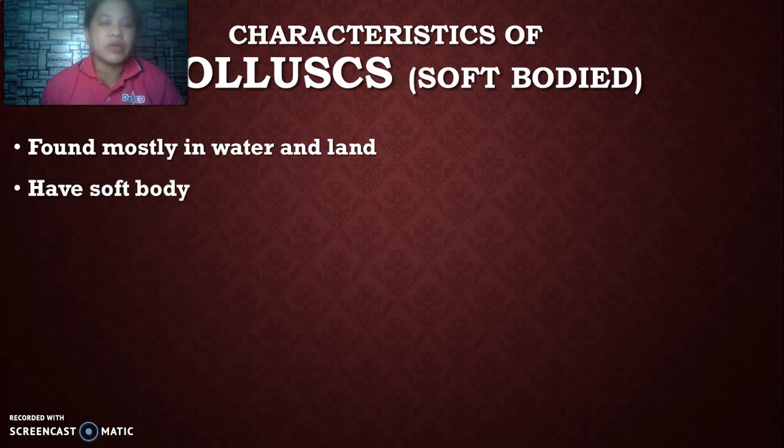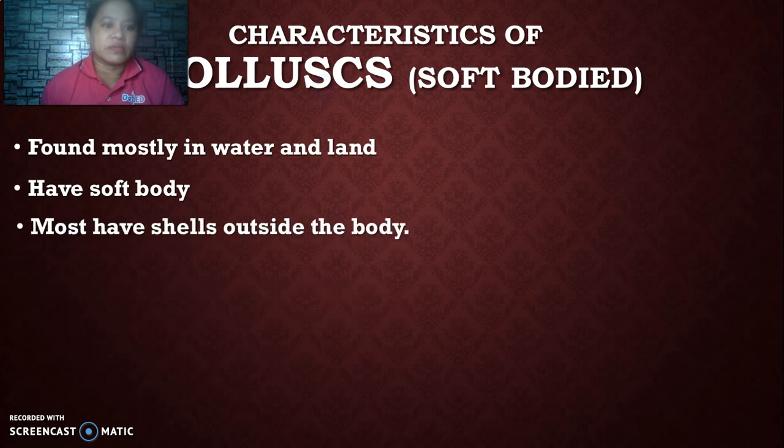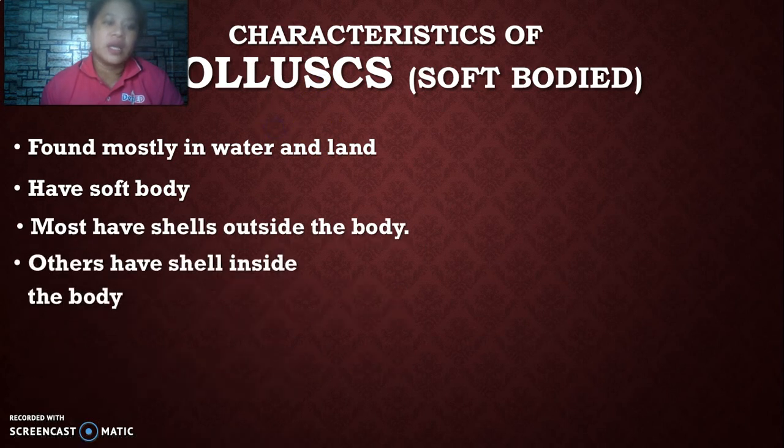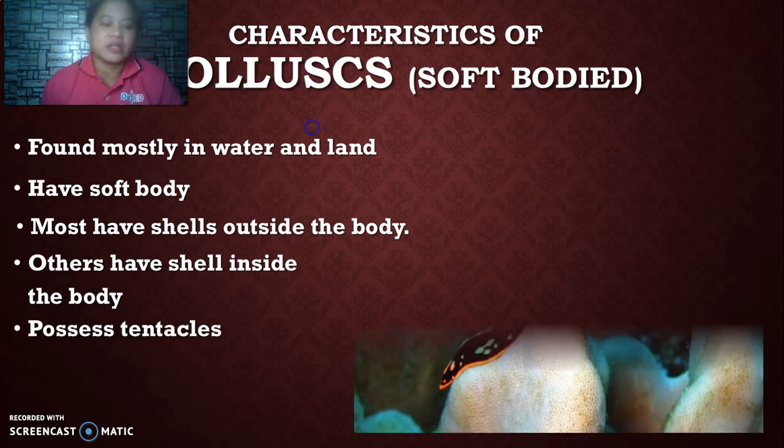Their body is very soft and the outer body is protected by a hard shell. Most have shells outside the body and others have a shell inside the body, just like the octopus and the squid. They possess tentacles.